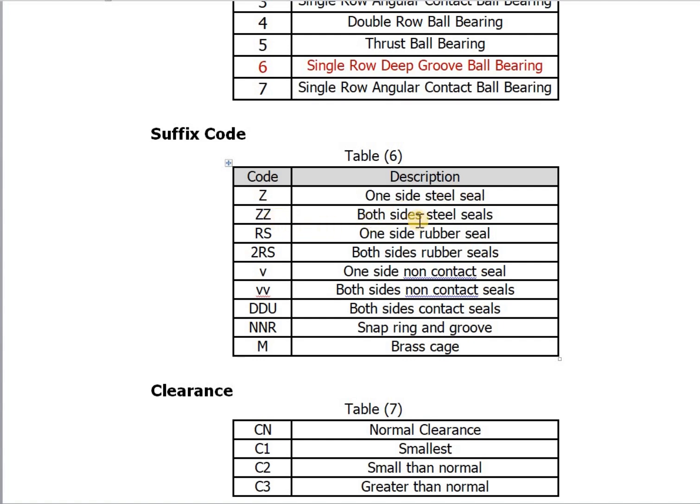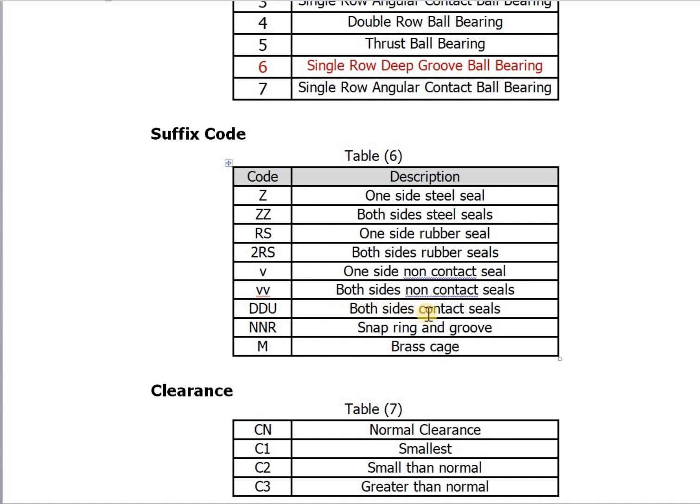Double Z, both sides steel seals. RS, one side rubber seal. 2RS, both sides shielded with rubber seal. V, one side non-contact seal. Double V, both sides non-contact seal.